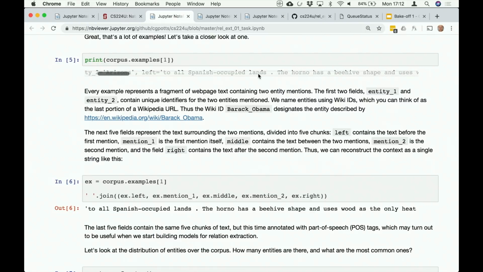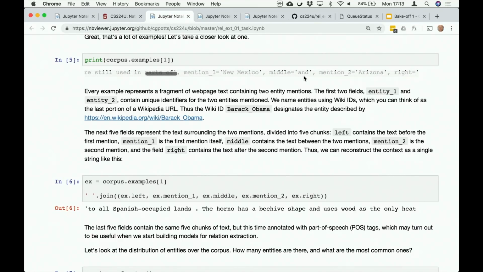Then the next 5 fields are fragments of the text from this example. We have a field called left, which is all the text to the left of the first entity mention. Then we have mention 1, which is the English text. So here it's New Mexico without the underscore, because this is the actual fragment of text. Then we have the middle, which is everything between the 2 mentions.